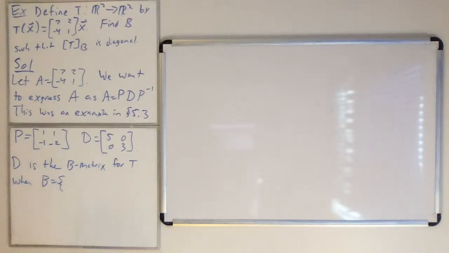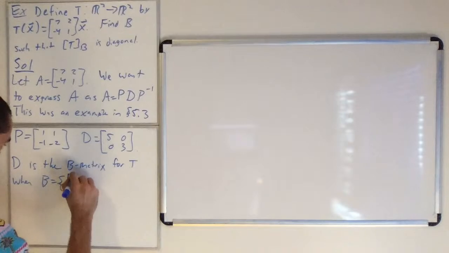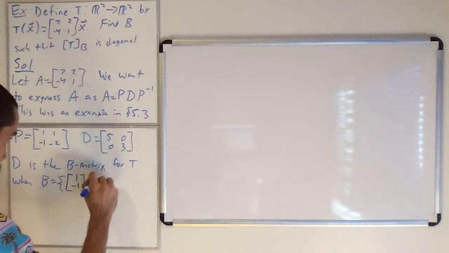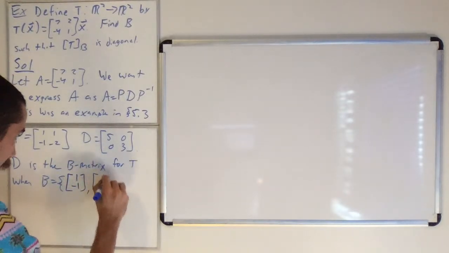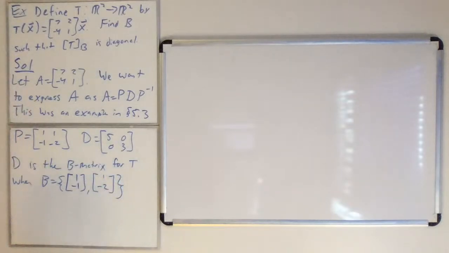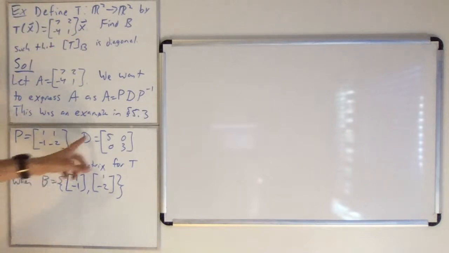Okay, well, you could look back at the theorem and it says when B is just made up of the columns of P. So if our basis is made up of these two vectors, then the B matrix for this transformation, defined by T of x equals A times x, is this diagonal matrix.